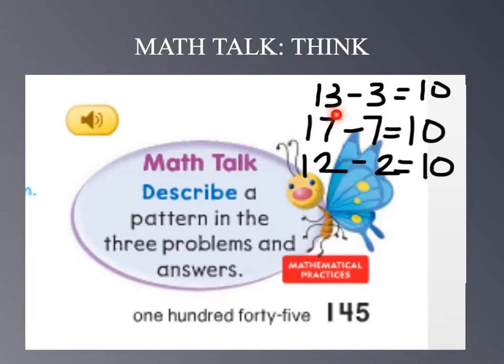So 3 was in the ones place and we subtracted 3. 7 was in the ones place of 17 and we subtracted 7. 2 was in the ones place for 12 and we subtracted 2. Did you notice that pattern also?